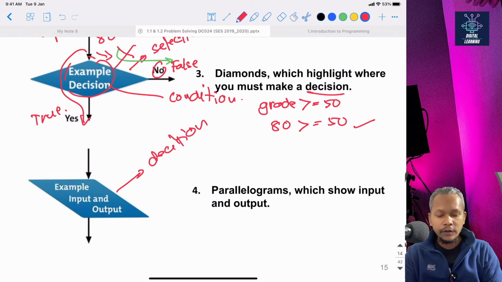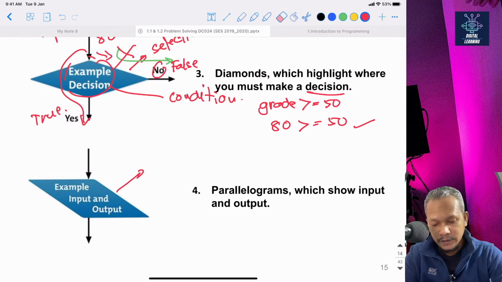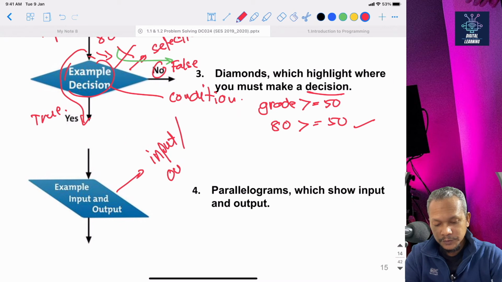This shape we call parallelogram, which shows input and output.